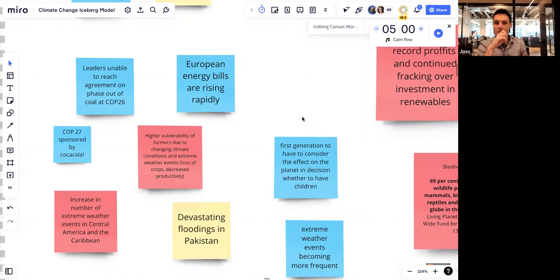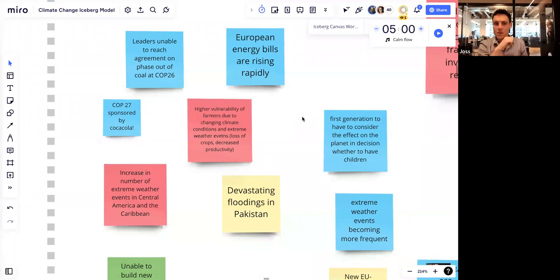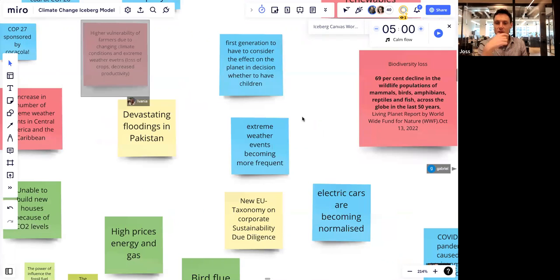High vulnerability of farmers due to climate change conditions and extreme weather events, loss of crops, decreased productivity. First generation to have to consider the effect on the planet in decision whether to have children. Increase in number of extreme weather events in Central America and the Caribbean. Devastating flooding in Pakistan. Extreme weather events becoming more frequent.